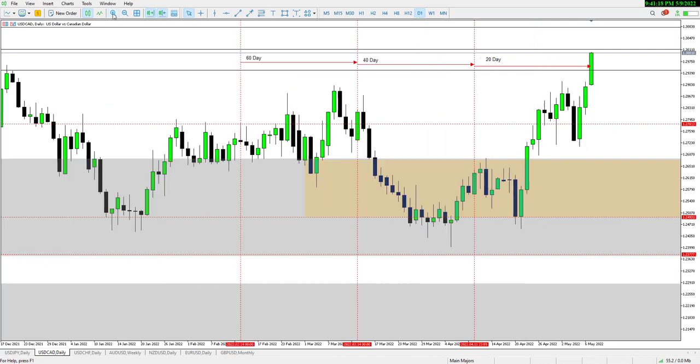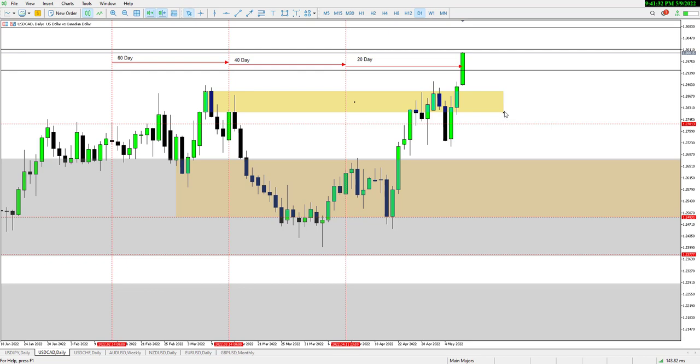So now focusing on our 60 days, right? We've got this bullish order block here on the daily charts. Just gonna mark it. It was also broken to the upside, retracement lower, then we're likely to see price push to the upside.